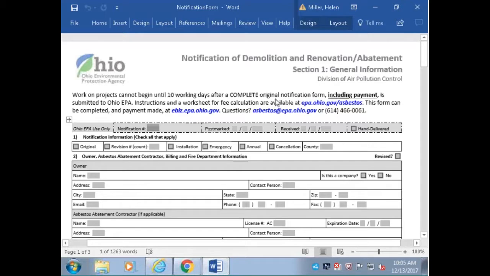So let's start going through that. We have the information right up at the top that work on the project cannot begin until 10 working days after a complete original notification form, including payment, is submitted to EPA. And there are instructions and a worksheet for the fee calculation on that website.